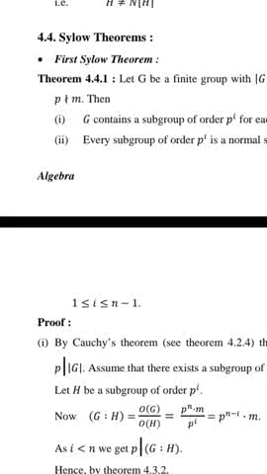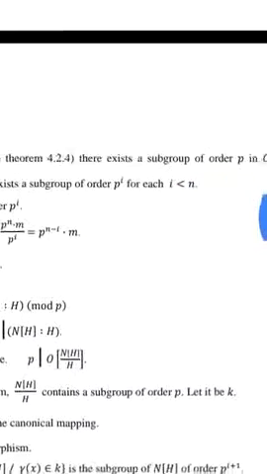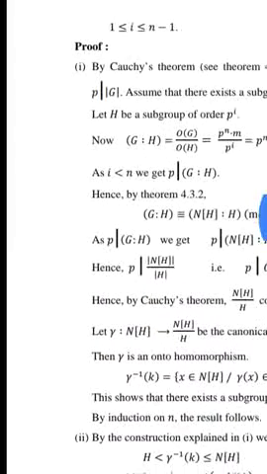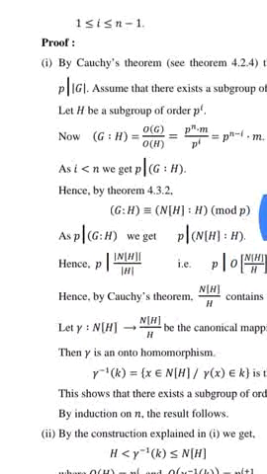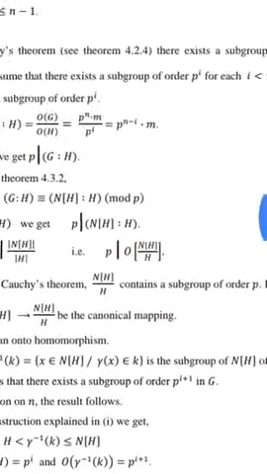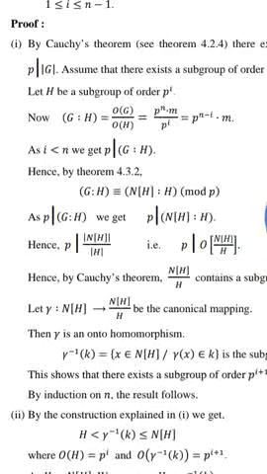Proof. By Cauchy's theorem, there exists a subgroup of order p in G as p divides the order of G. Assume that there exists a subgroup of order p raised to i for some i less than n.